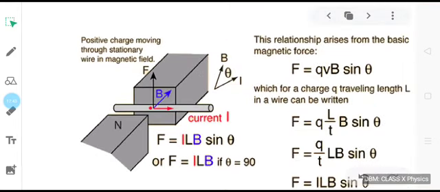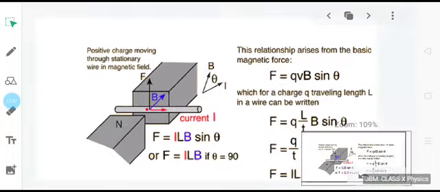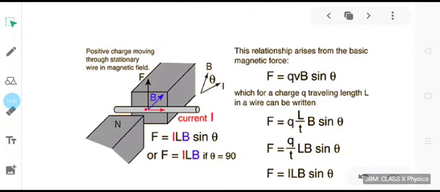Obviously, due to the interaction of these two quantities, the field due to the current carrying conductor and the external applied field, there is a force, and the force is given by the formula F equal to QVB sin theta.